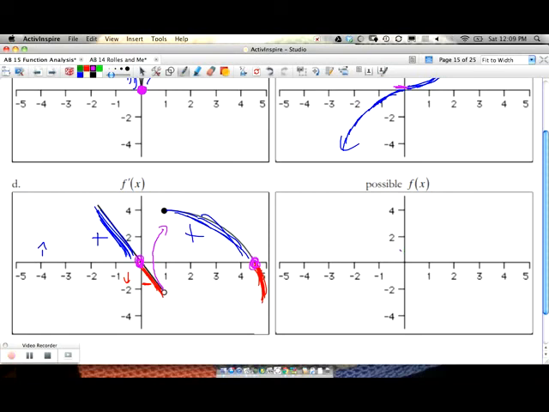So let's start with 1 at 0. Now here's a flat line at x equals 0. And we're going to be positive before and negative after, but only until about 1. And then at 1, something interesting happens. We were a negative slope, but then all of a sudden we changed to positive slope.